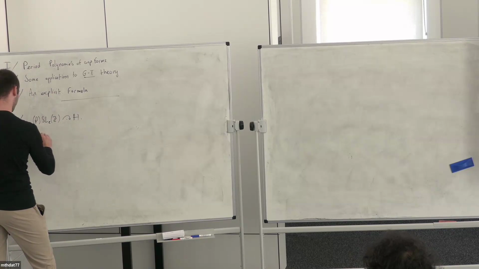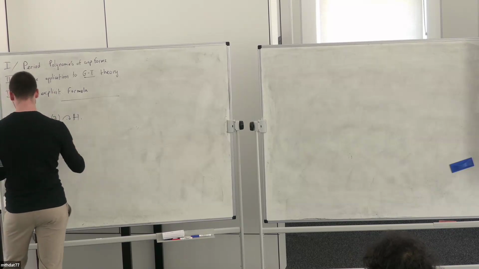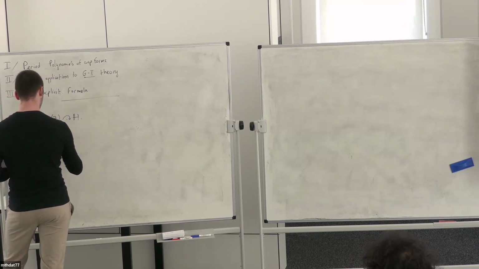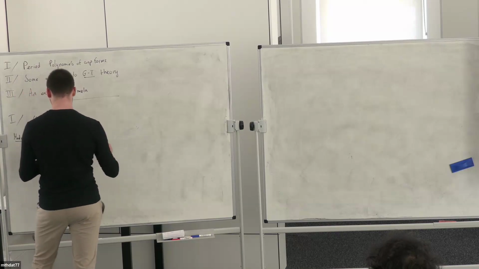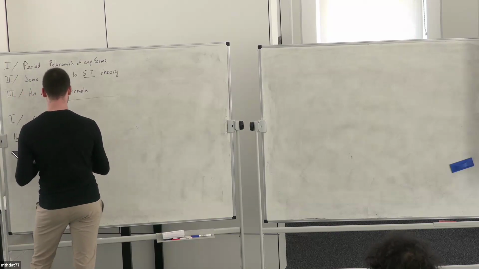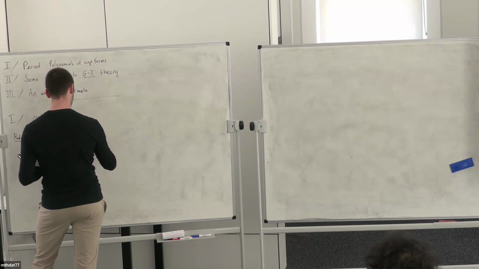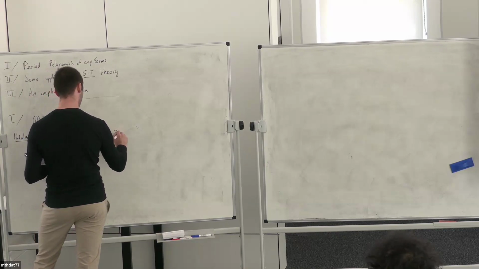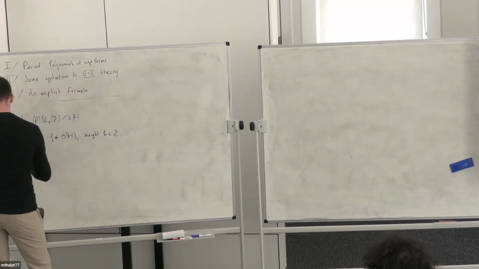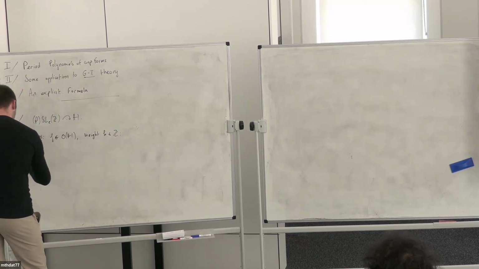So modular forms. A modular form is just a holomorphic function on H of a given weight k, which satisfies the following properties.